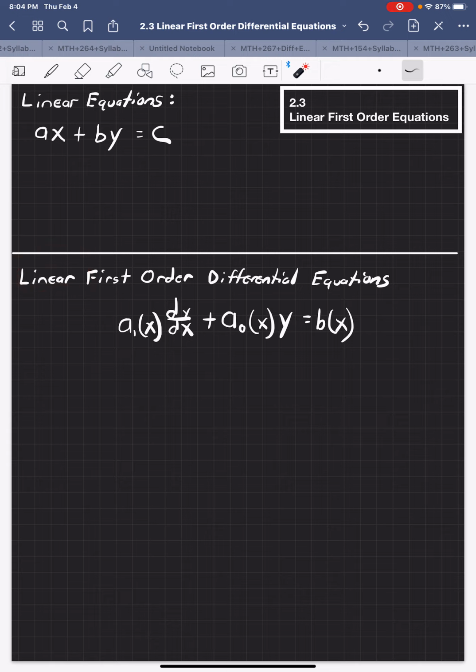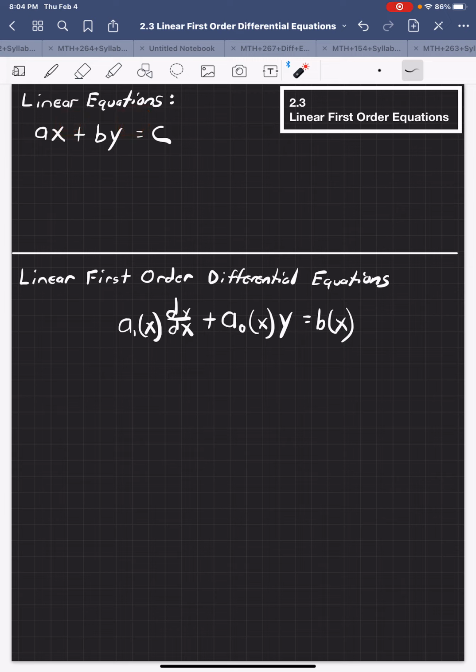So let's back up to what we know, in general, about linear equations, right? What determines that an equation is linear is the power of the exponents over the variables x and y. So in this case, a is just some arbitrary real number, and b is some arbitrary real number.